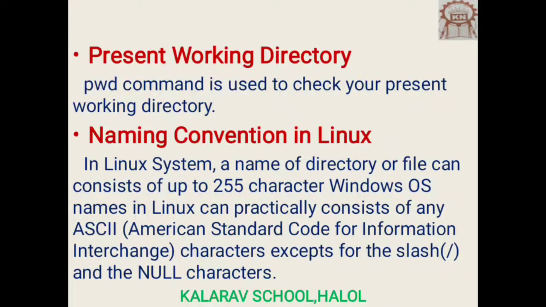Names in Linux can consist of any ASCII characters except for the slash and null characters. When you type your directory or file name, you can't use slash or null characters. You can use ASCII characters, control characters and non-printed characters.